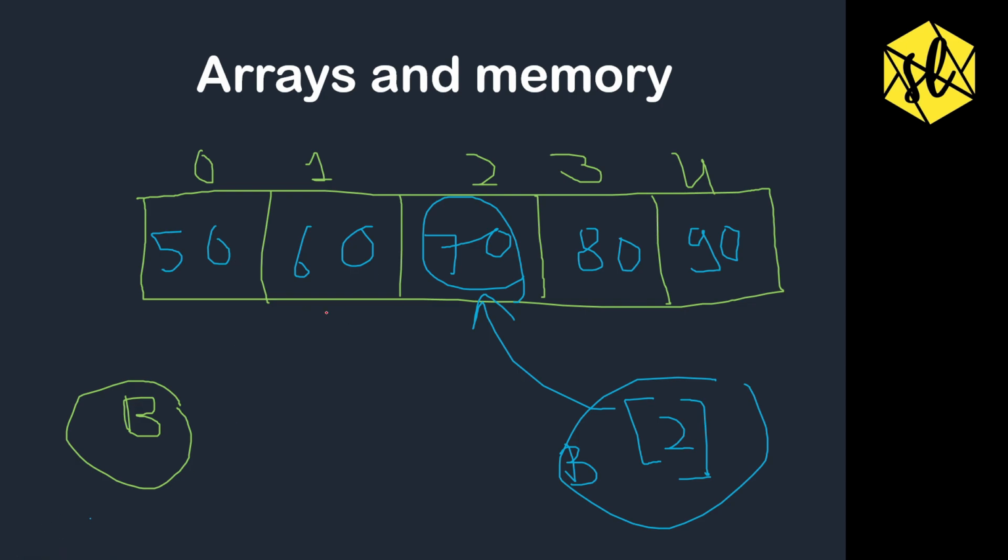So what do we understand by an array? Basically an array is a collection of memory blocks that are contiguous, continuous in nature, one after another, connected together and named as one.